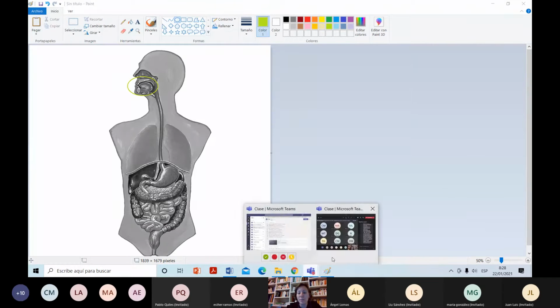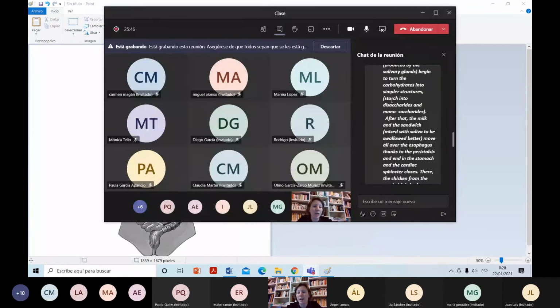Okay, so the text is perfect, but I would just explain which food is suffering each type of digestion. Then, after that, the milk and the sandwich are already food bolus. It's not milk anymore, it's not sandwich anymore as a term, but it's already food bolus.